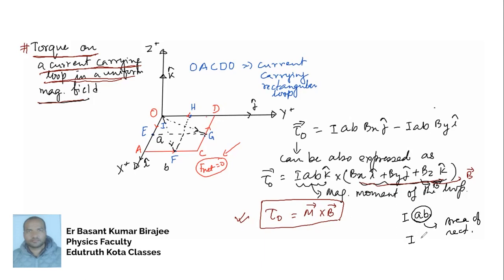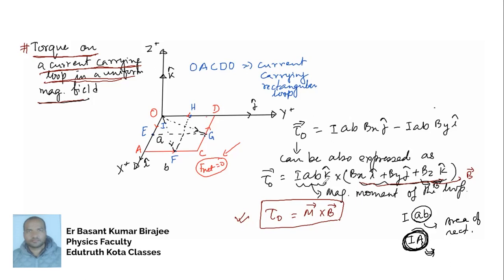So you have current times area. If you have only one turn of loop, then this represents the magnetic moment, the magnitude of the magnetic moment. And here, the unit vector K represents the direction of the magnetic moment.